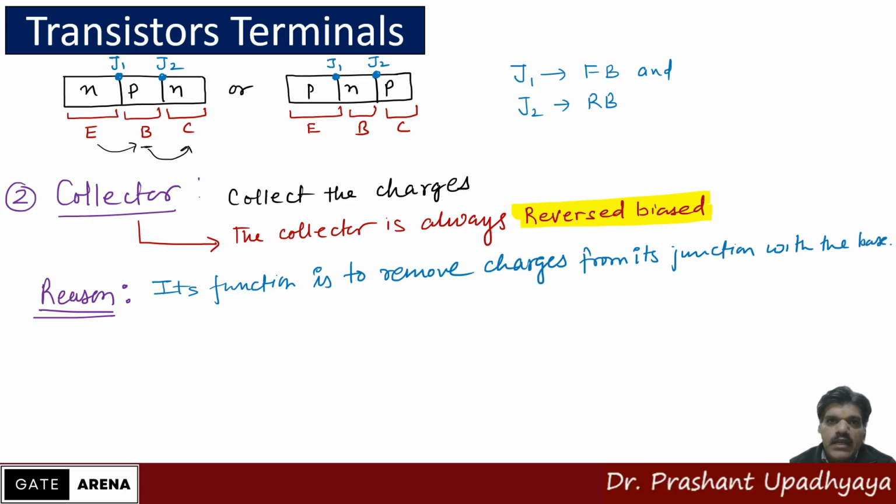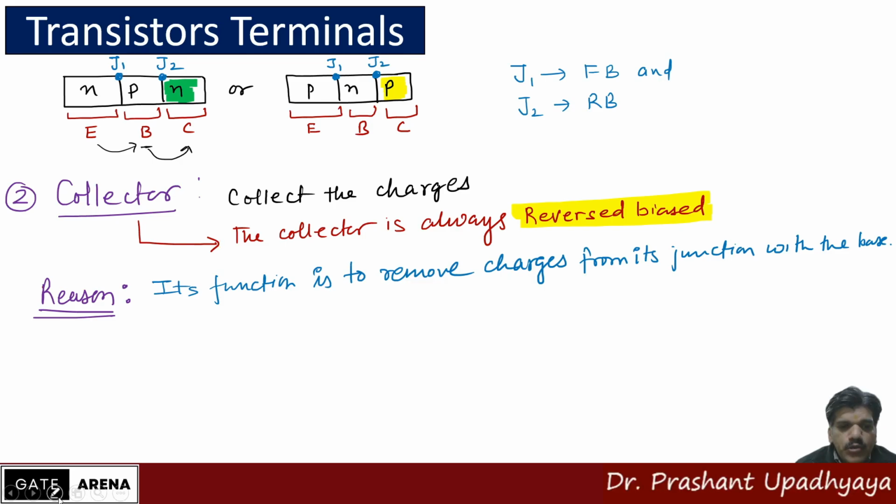For example, in the first diagram we have got a collector of N type, and in another one we have got a collector of P type.